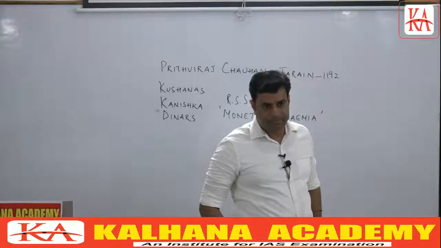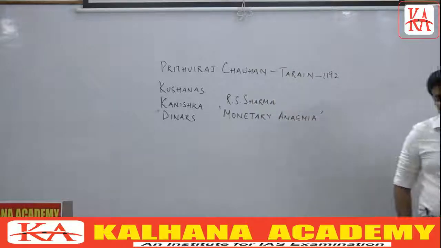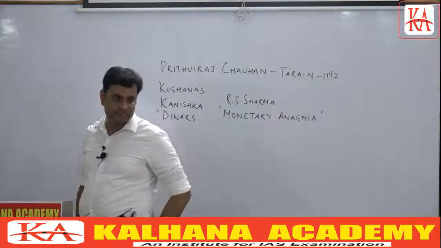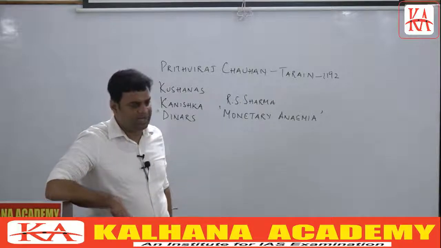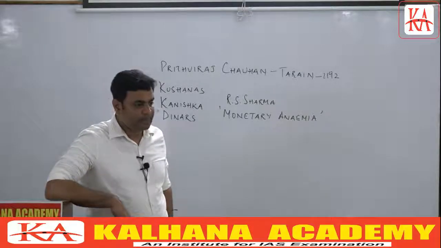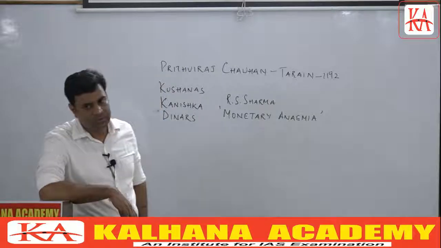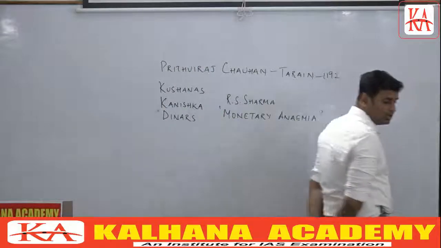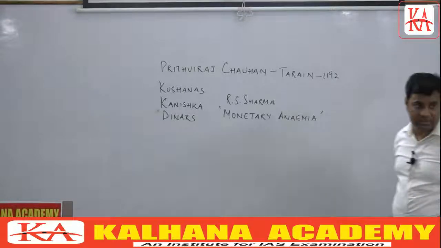The coins found in Ajmer region contain the name of Prithvi Raj Chauhan on the one side, and the name of Muhammad Ghori on the other side.